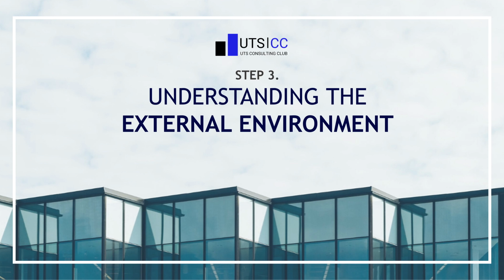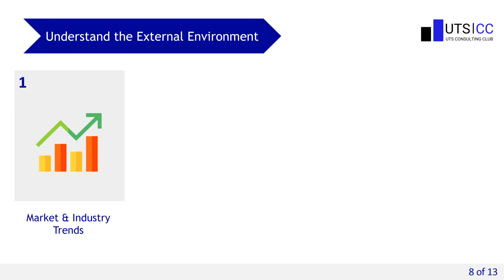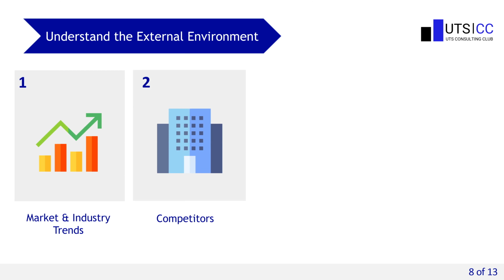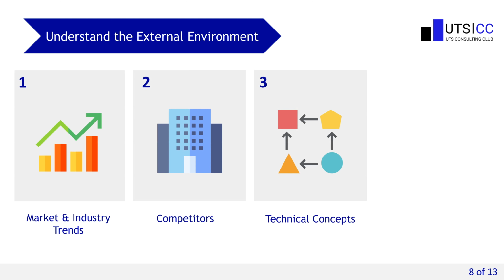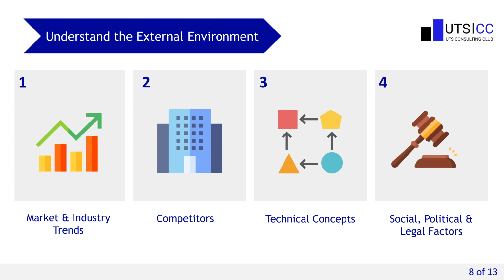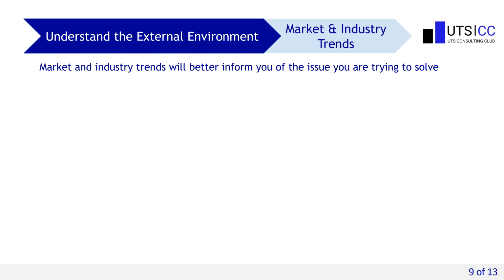Step 3 involves understanding the external environment. The external environment includes the influencing factors outside the organization's control. This includes looking at market or industry trends, competitors, technical concepts, and any social, political, and legal factors. Market and industry trends.